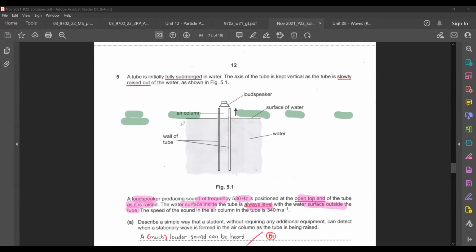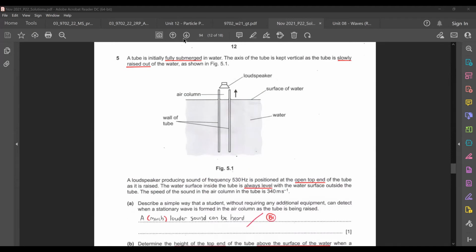Meaning to say, this is the water level inside the tube, and these are the water level outside the tube. They are always level, meaning they are always along the same line. We also say that the speed of sound in the air column in the tube is 340 meters per second.